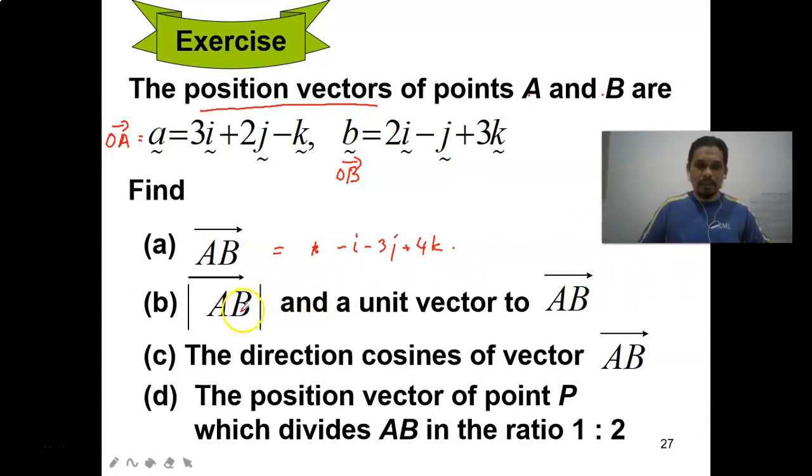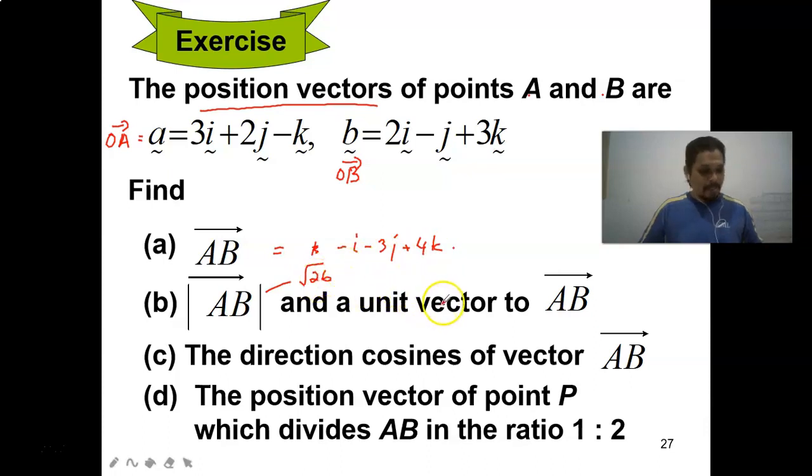The distance, or absolute value, of vector AB is going to give you the square root of 26. And the unit vector of AB is negative 1 over square root of 26, negative 3 divided by square root of 26, and 4 divided by square root of 26.